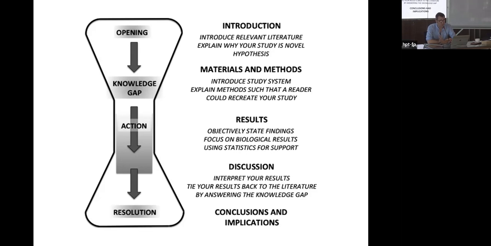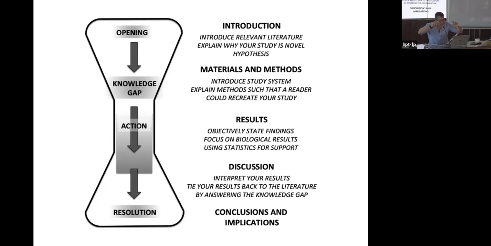I just want to go slowly on how to write a paper, and I've used this scheme because it really conveys from the beginning how a scientific paper should be and the structure. You can see the usual structure with an introduction, material and methods, results, discussion, and then conclusions and implications.